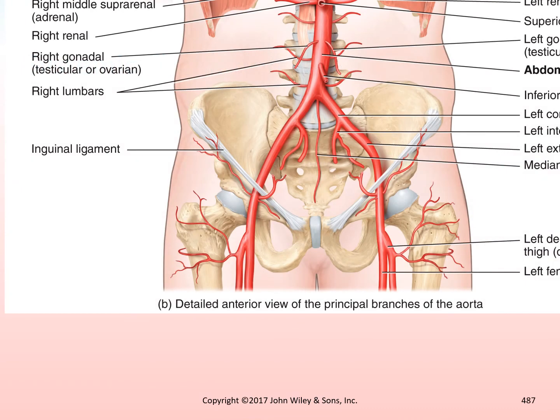You'll notice here that the aorta splits into a common iliac artery on the left and the right. Then it gives off this branch called the internal iliac. What's left is the external iliac, and the external iliac artery on the left and right turns into the femoral artery once it passes this inguinal ligament here.